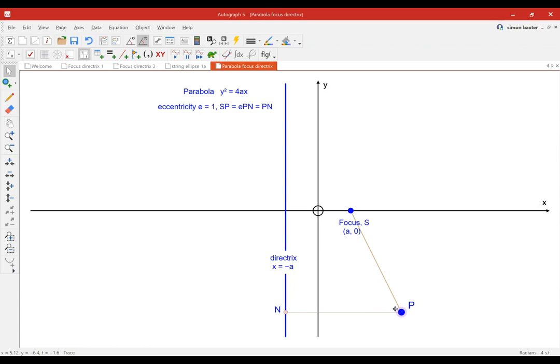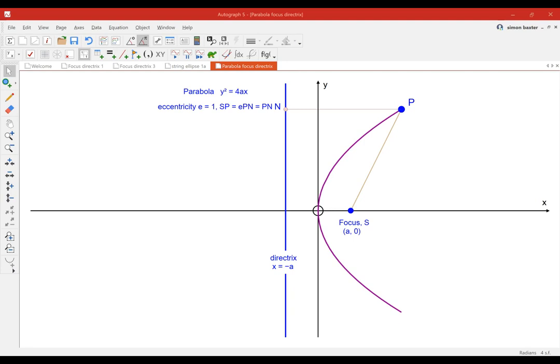And now, if I move P around, you'll see that we have the shape that we're used to. There is a parabola. This is y squared equals 4ax. The important thing here is that SP is 1 times PN, and this gives us an eccentricity, e is 1.